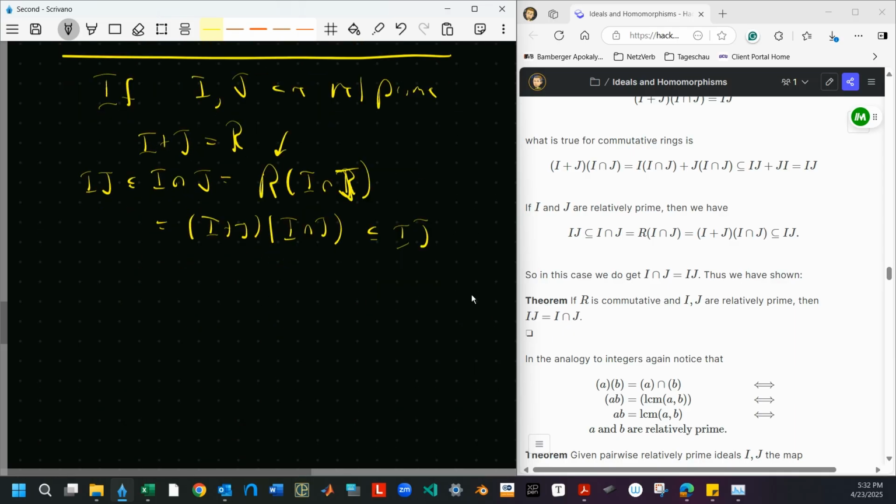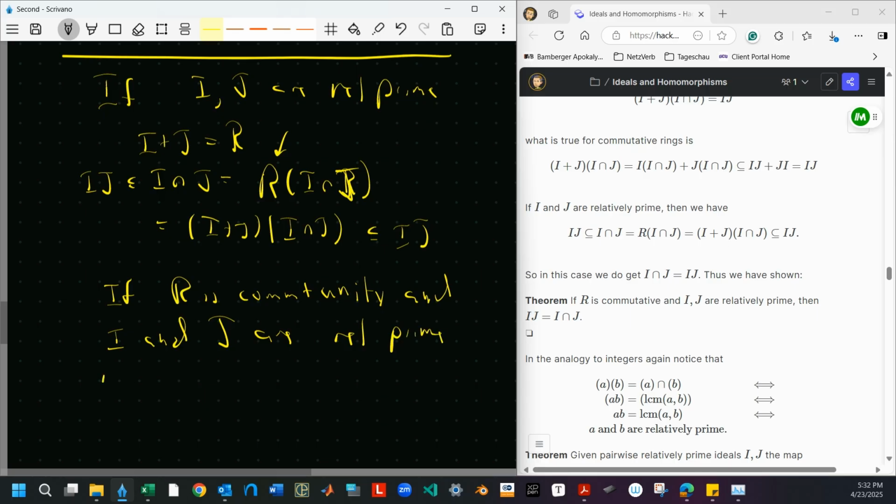So just to recap, if R is a commutative ring with unity, and I and J are relatively prime, the main thing I have here is IJ equals I intersect J. That's awesome.